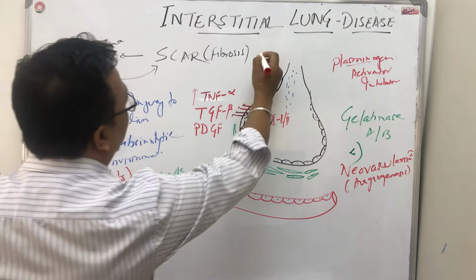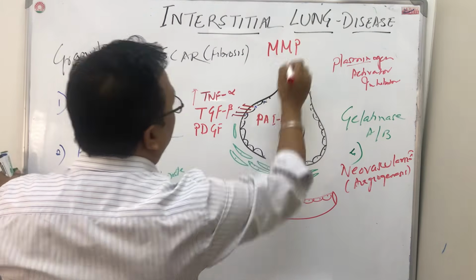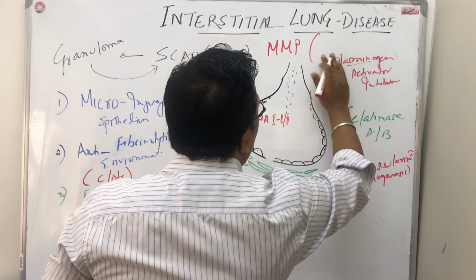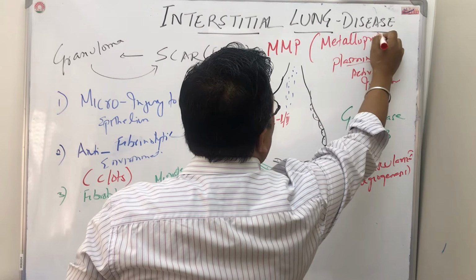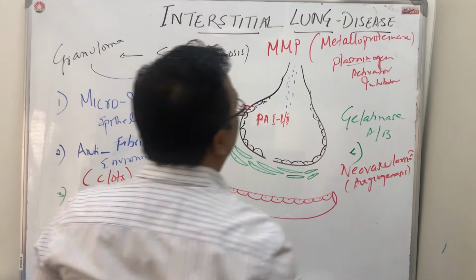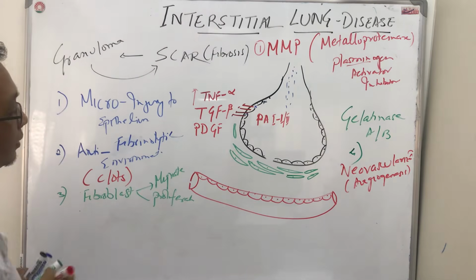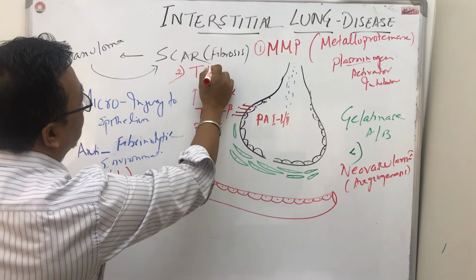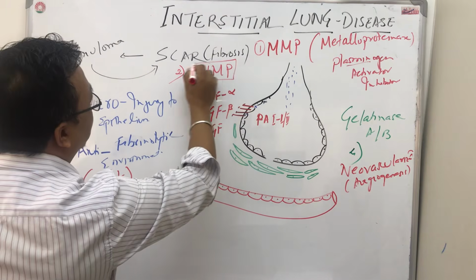One is called metalloproteinase enzyme, MMP. Number 1. Another factor we need is tissue inhibitor metalloproteinase enzyme, called TIMP, tissue inhibitor.